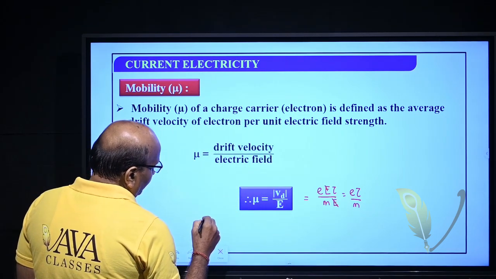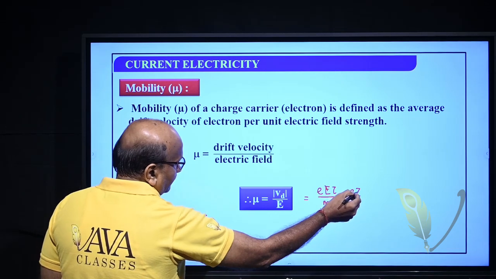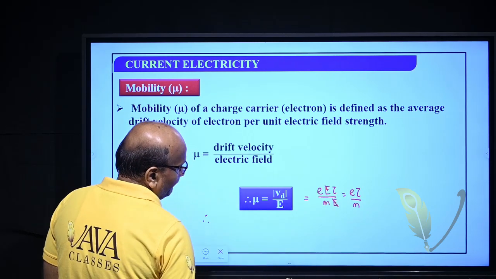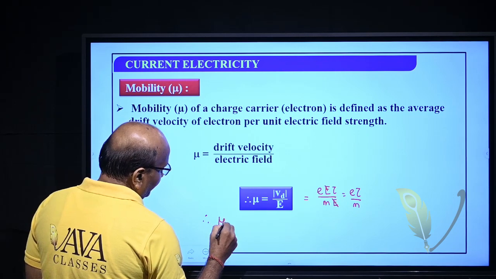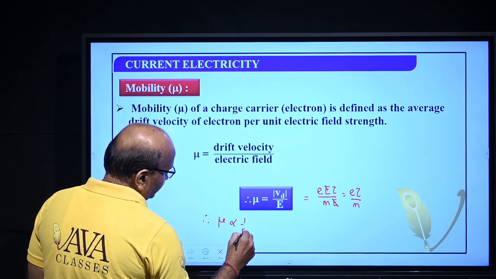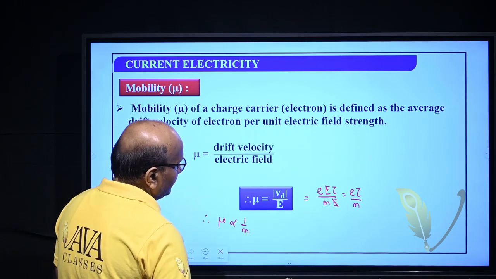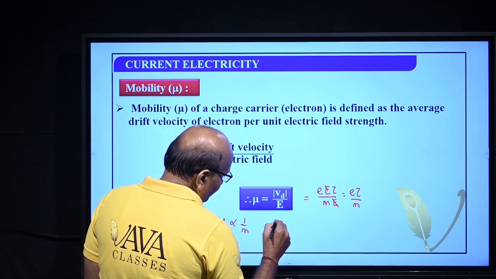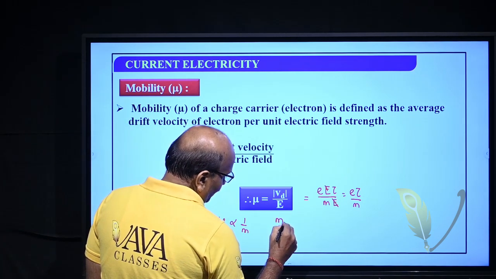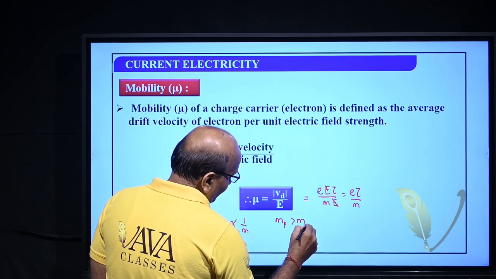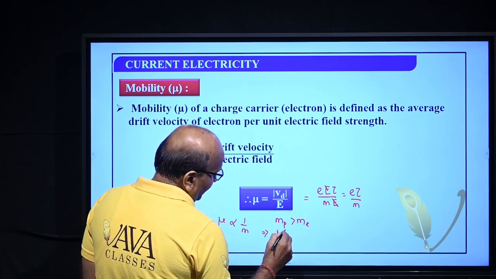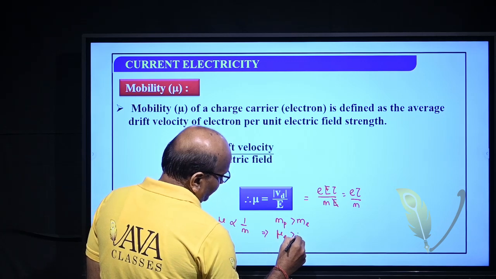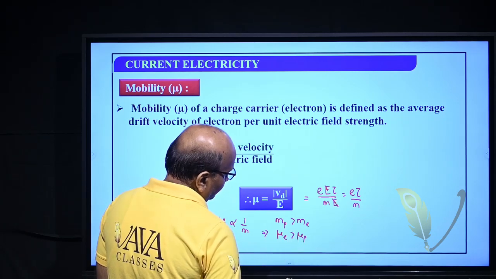So, therefore, in a conductor the relaxation time is the same and the charge of electron is constant, therefore mobility is inversely proportional to the mass of the charged particle. We know mass of proton is greater than mass of electron. Therefore, mobility of electron is greater than mobility of proton.